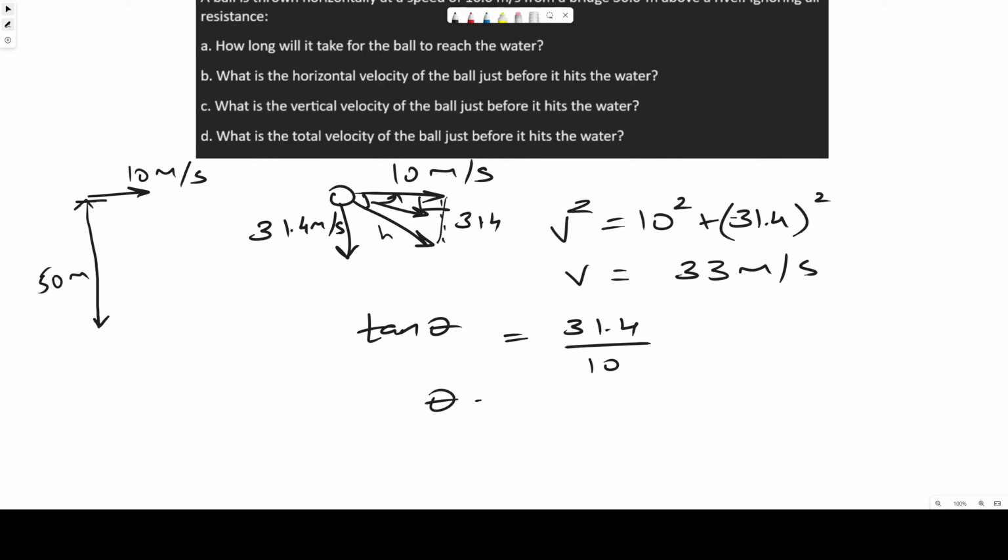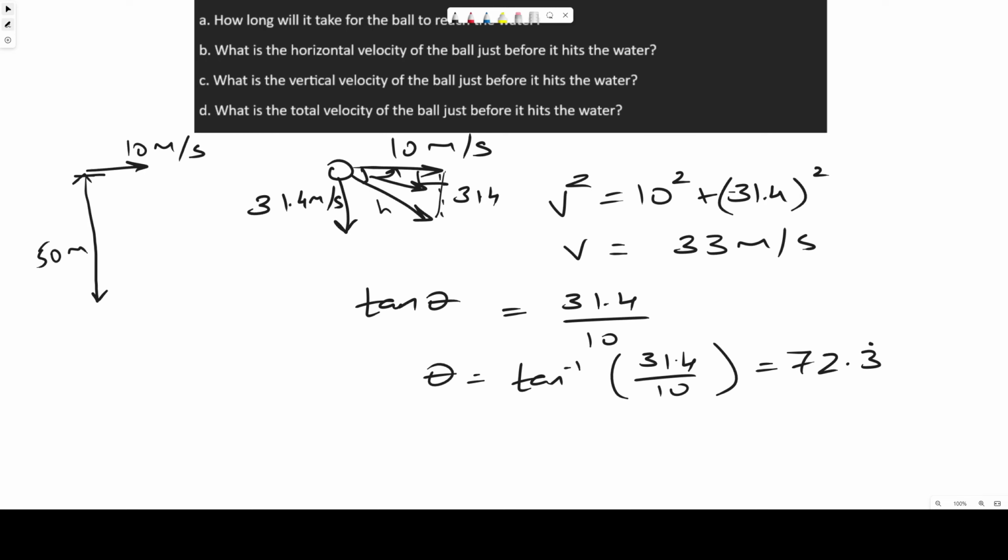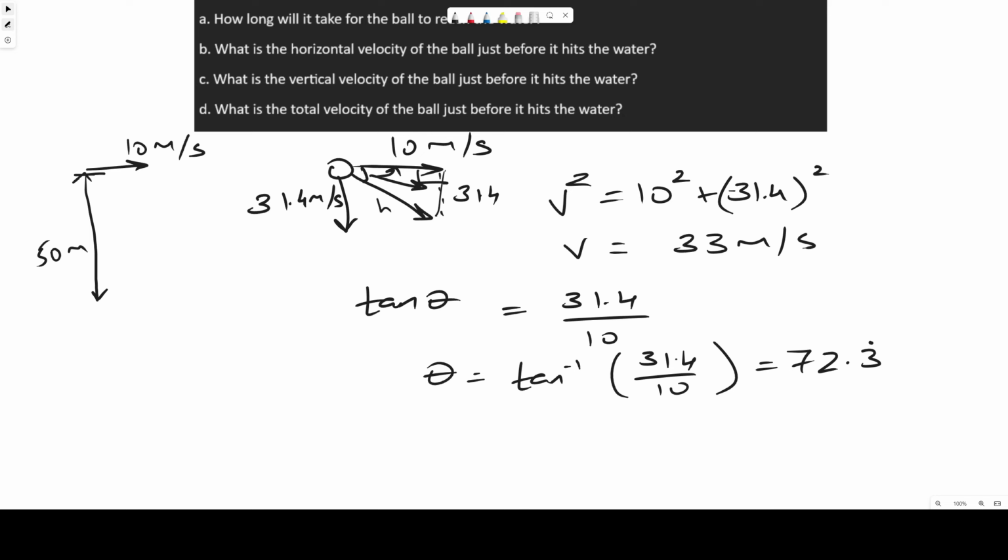And so theta would be equal to tan inverse of 31.4 divided by 10, and it's going to be 72.3 degrees from the horizontal. So the way you will say this final answer is that the ball's final velocity is 33 meters per second at an angle of 72.3 degrees below the horizontal.